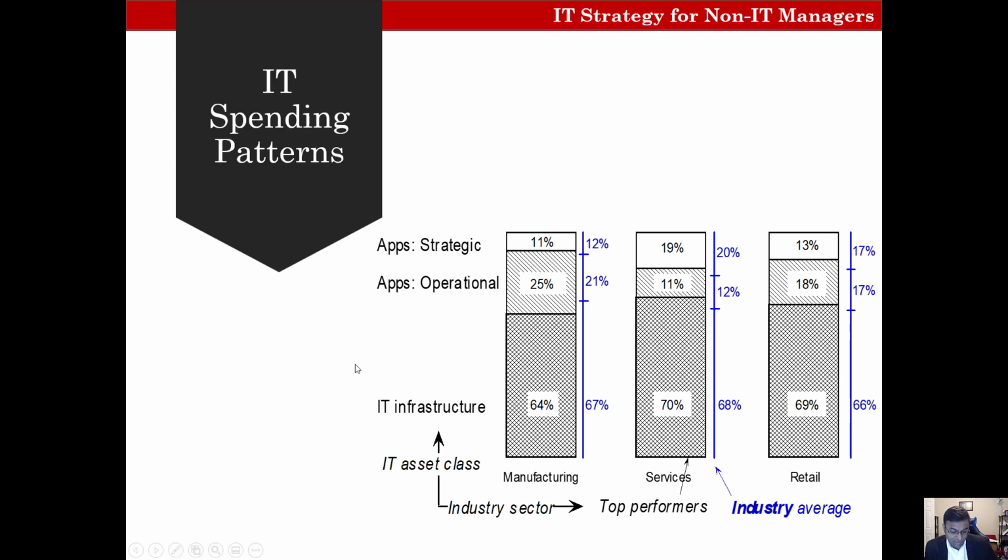These are interesting patterns to take a look at, but you have to be careful about drawing too much from this. It needs a deeper study, and it also needs to tie into your strategic aspirations. You want to be careful about reading too much into it and just saying, okay, top performers are investing more here and therefore we should do it in our industry. No, but it is an interesting aspect to take a look at.